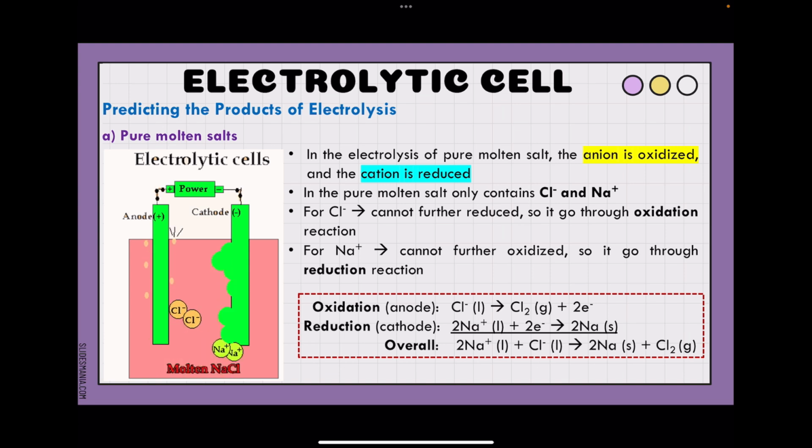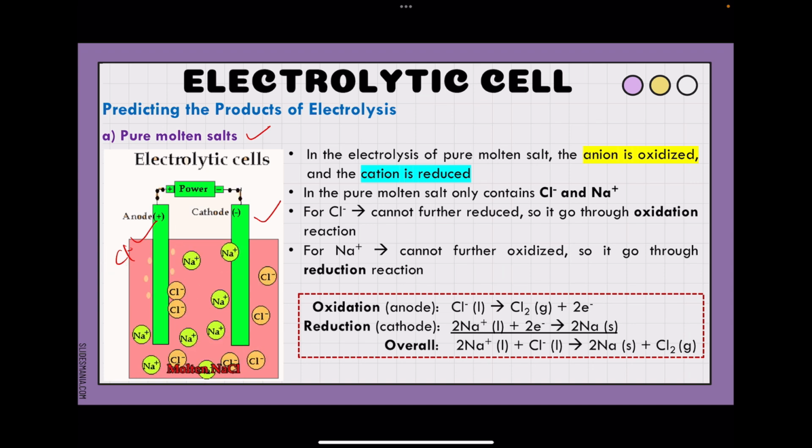How to predict the products of electrolysis? In the electrolysis of pure molten salts, the anion is oxidized at the anode and the cation is reduced at the cathode. For example, in molten sodium chloride, at the anode, chloride ions are oxidized to chlorine gas.